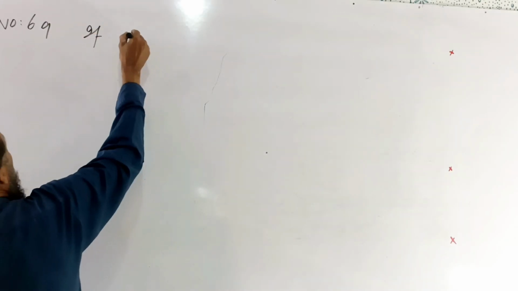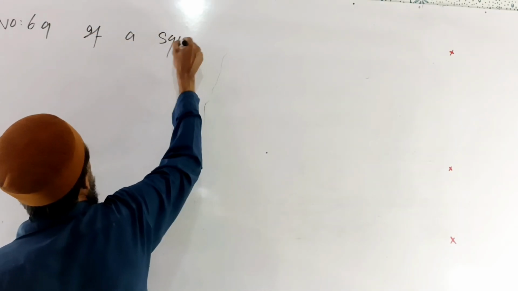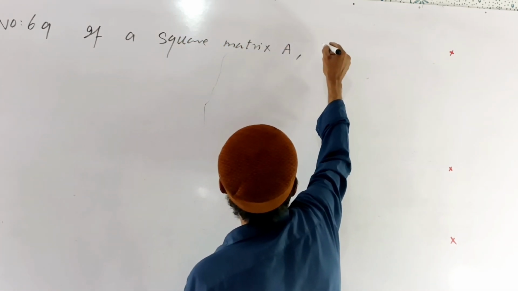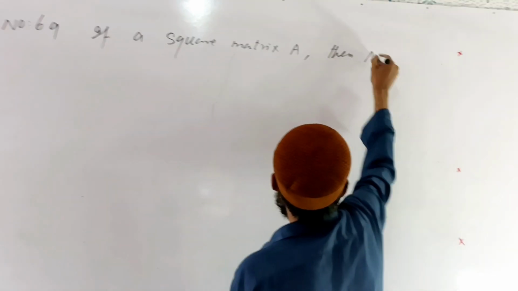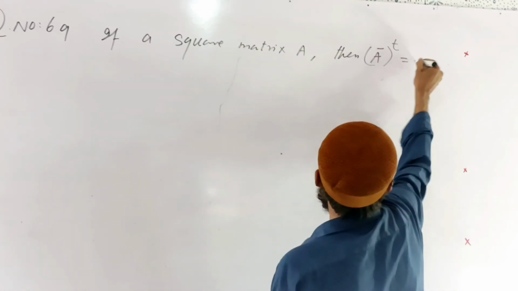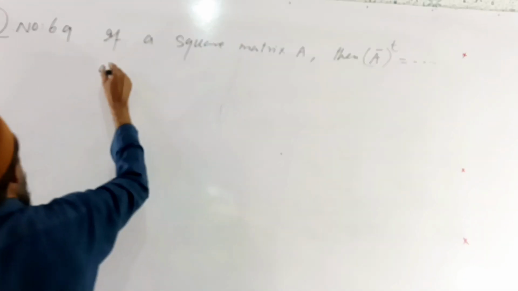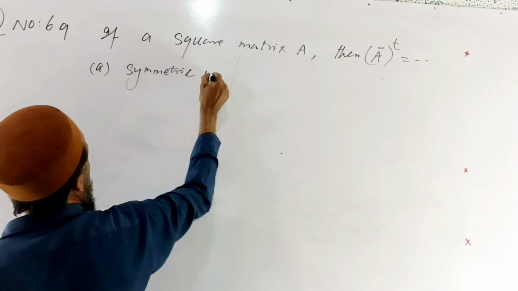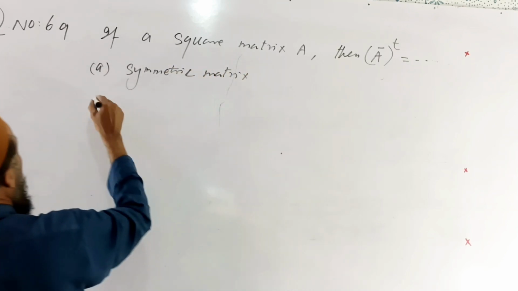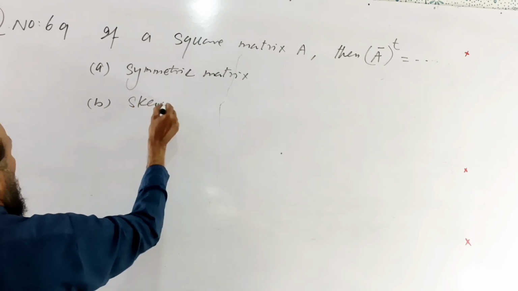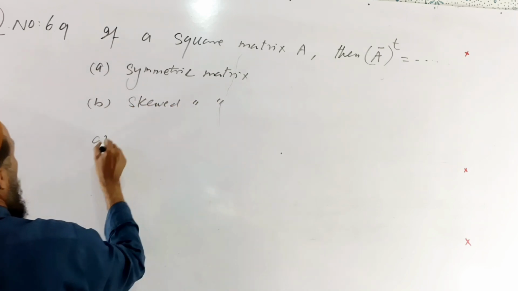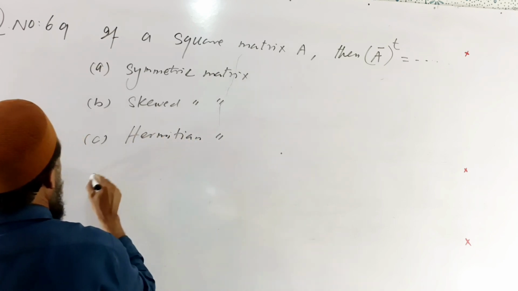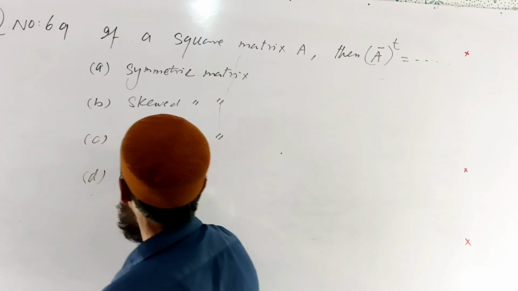And if a square matrix A, then A transpose is equal to A is called a symmetric matrix, and B skew symmetric matrix, and C Hermitian matrix, and D diagonal matrix.